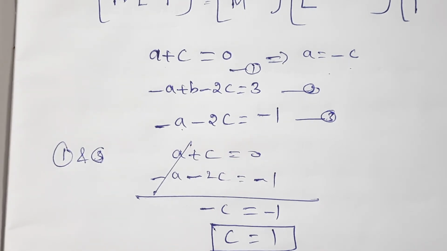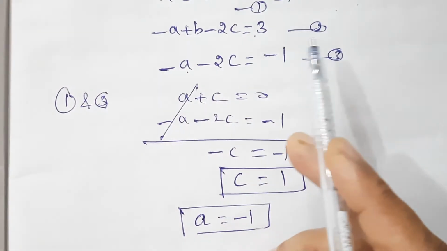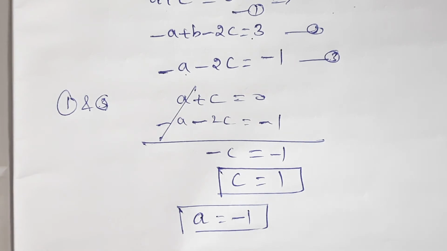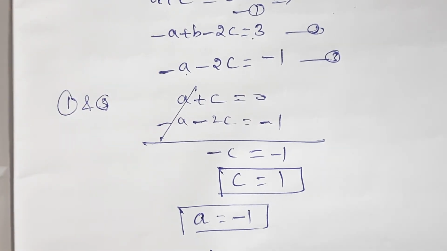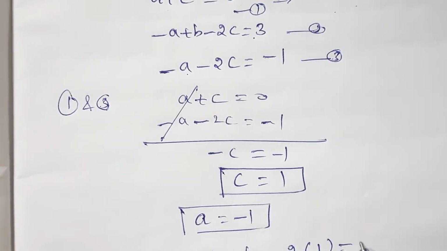Now for B, substitute A equal to minus 1 and C equal to 1 in the equation minus A plus B minus 2C is equal to 3. So minus of minus 1 plus B minus 2 into 1 is equal to 3.